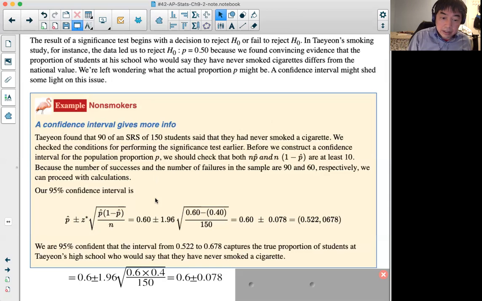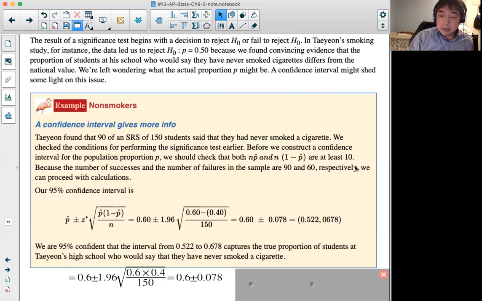Now p hat is 0.6, so 0.6 times the complement of 0.6, which is 0.4, close bracket, and divide by 150, the high school students in Taehyon's sample.